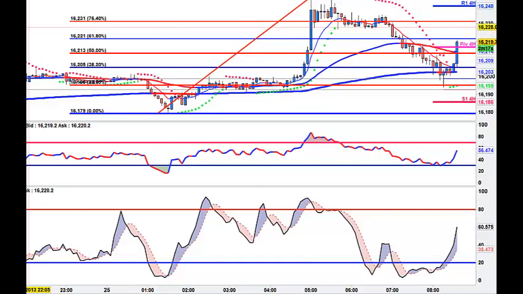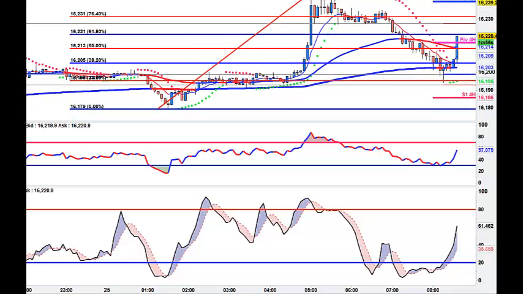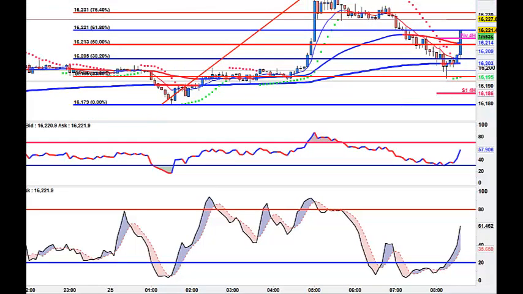Okay, just coming close to this 226 area. So I don't want to get greedy. You know, this is Friday morning, the data's not out yet. Let's drag that. Drag this limit order down to that level.